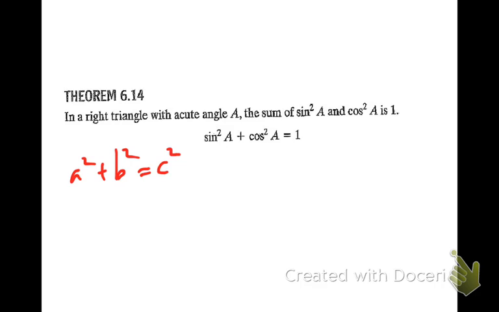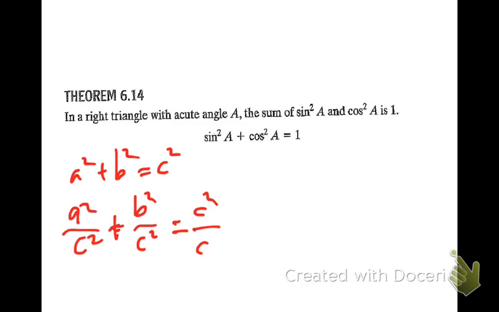And then we divide both sides by, we have to get the number on the right of the equal sign to be 1, so what would I divide everything by? Jordan? Yeah. So we divide everything by C squared, so we get A squared over C squared plus B squared over C squared equals C squared over C squared.